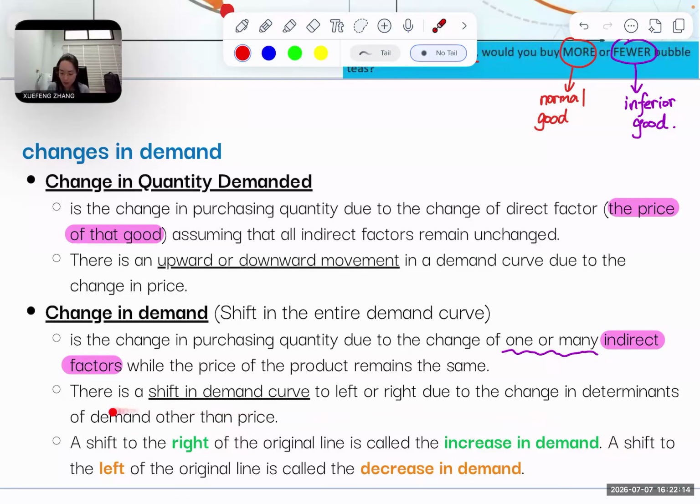So here is the terminology in economics: shift to the right, increase in demand; shift to the left, decrease in demand.